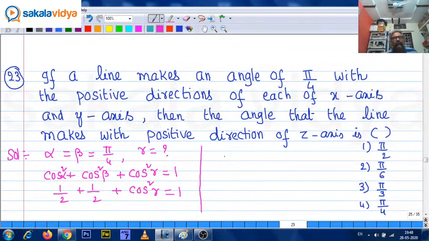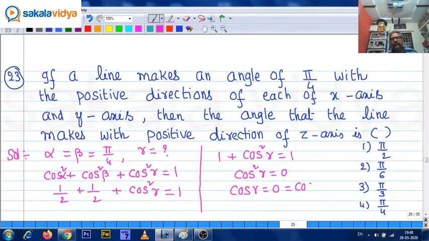So 1 plus cos square gamma equals to 1. Cos square gamma is equal to 1 minus 1, 0. Cos gamma is 0. 0 means cos pi by 2. So gamma is equal to pi by 2, 90 degrees. So first option.